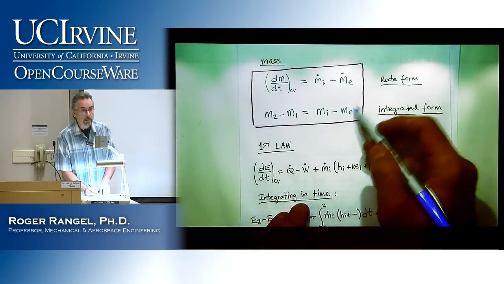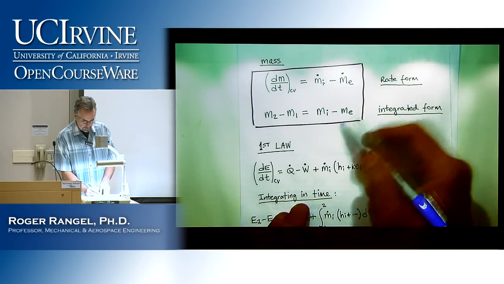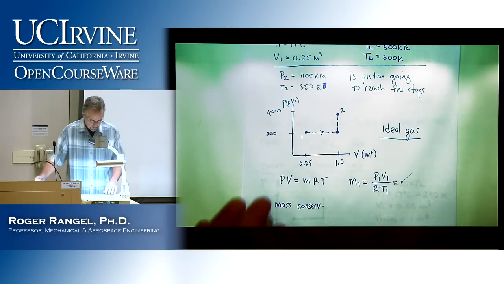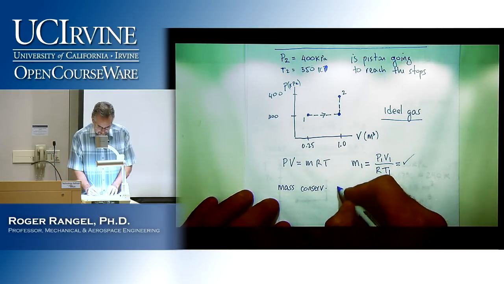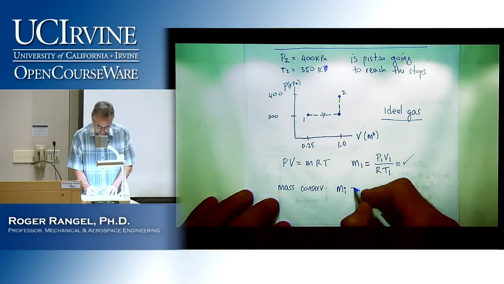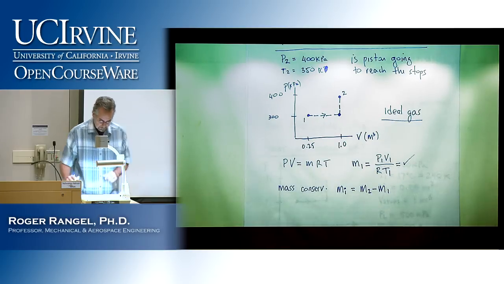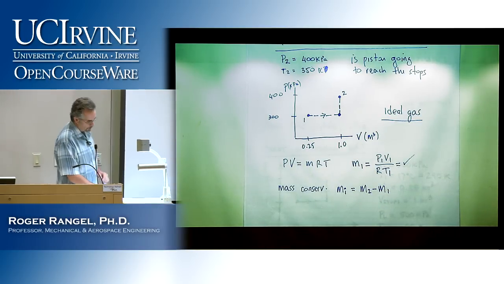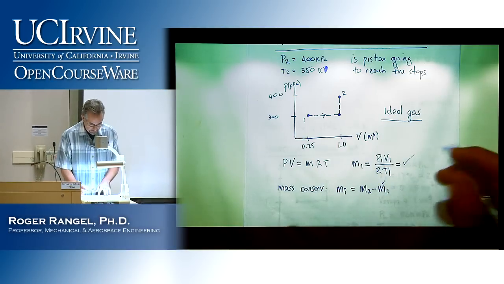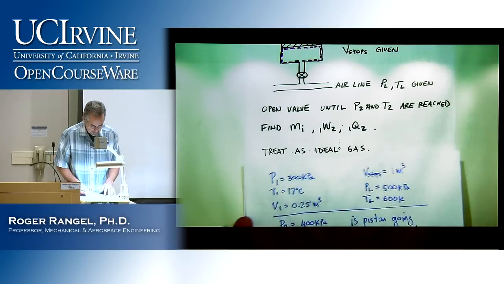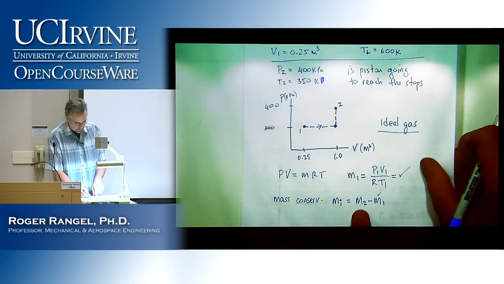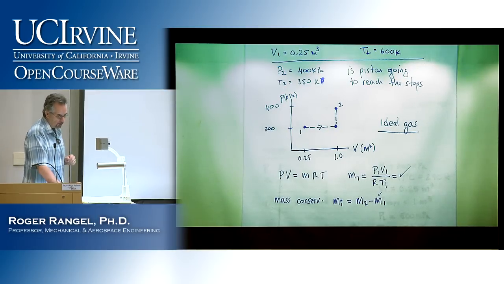First of all, we notice there is nothing exiting the cylinder, so Me is 0. And therefore, we can write this as Mi is equal to M2 minus M1. We just calculated M1, and since we're being asked to find Mi, then of course we need to find M2.